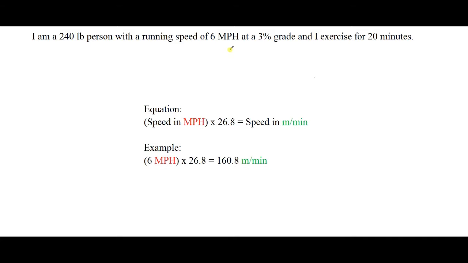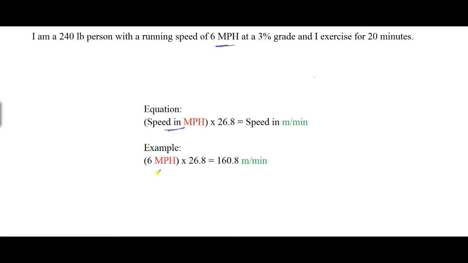And we can do that because, if you calculate it out, we know that 1 mile per hour can be converted to 26.8 meters per minute. And that being the case, we have this equation right here. We're going to plug in our speed in miles per hour, which is, again, right here, and then just multiply that by 26.8, which is going to give us our speed in meters per minute.